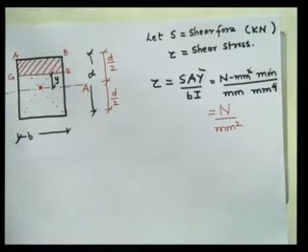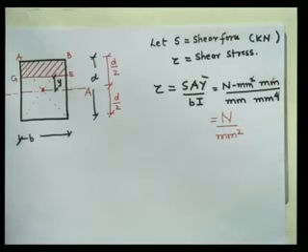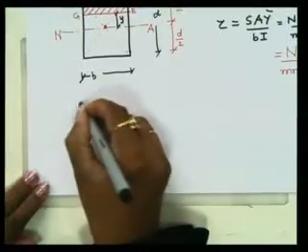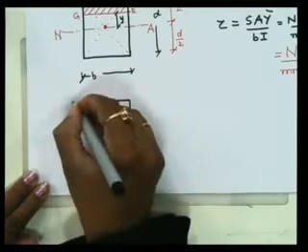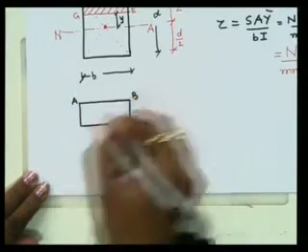Again we talk about our section ABGE, which is subjected to shear force S and shear stress tau, where A y bar is the moment of area of ABGE with respect to the neutral axis. Now I will draw our small area ABGE so that you can easily understand. This is our shaded area ABGE.